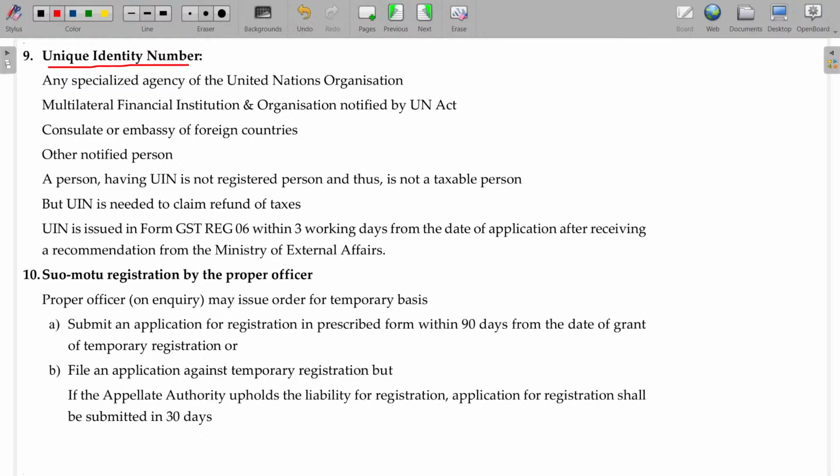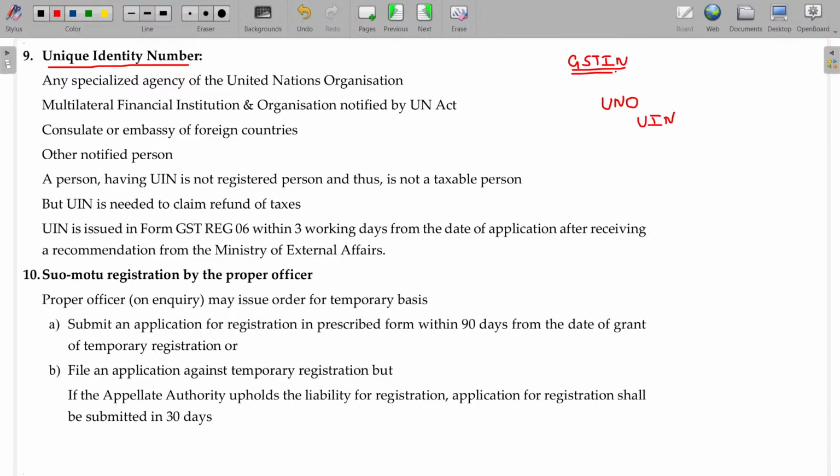Usually, if you are applying for registration, you will get the GST number. Okay, usually. But in case you are any specialized specified agency of UNO, then you will apply for registration, but you don't get a GST number, you will get a UIN number, unique identification number.